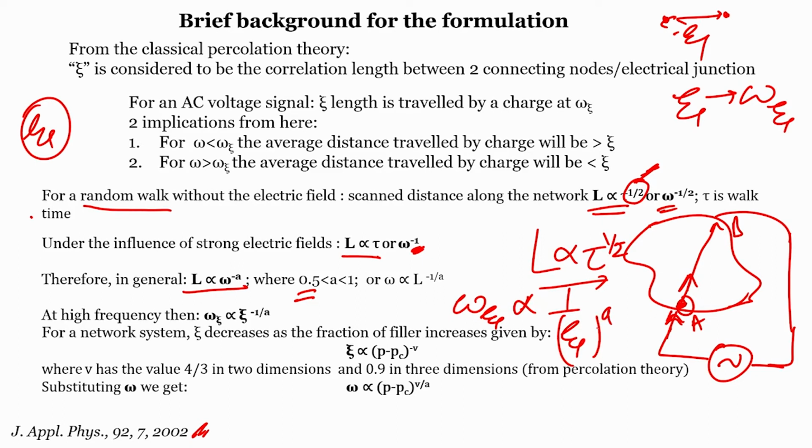In the previous case, we had just seen that as the frequency increases, the distance travelled by the charge will be less compared to the correlation length, and vice versa. So the same relation holds, I am just substituting L with psi and omega with omega psi. There is no other change in this particular equation if we compare the two equations.